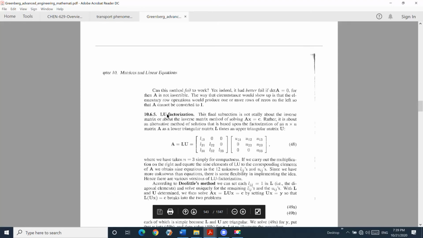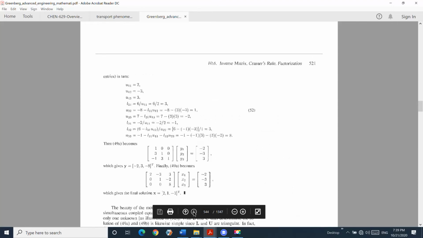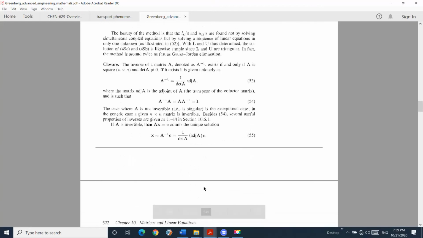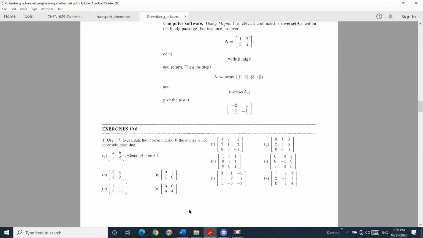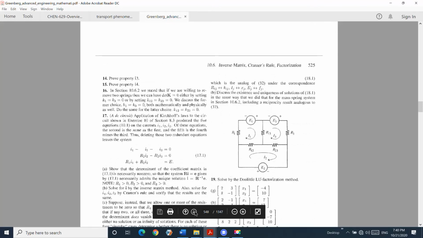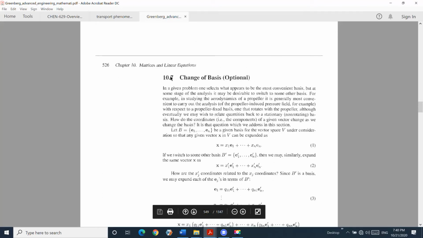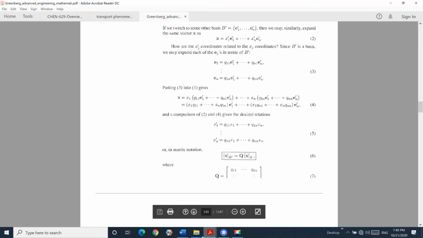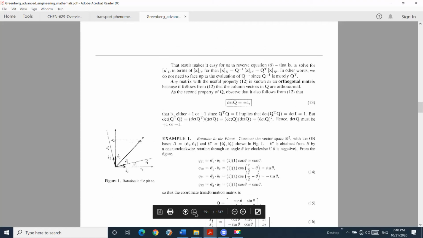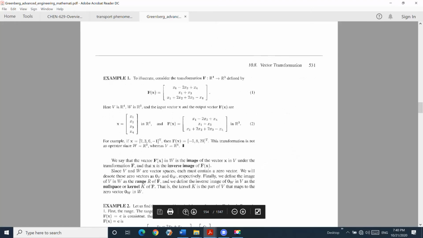In here you see LU factorization for the solution of linear systems, algebraic systems or differential equation systems. Section 10.7 gives the change of basis, which is optional, but you can still go read it to understand the concept. Okay.